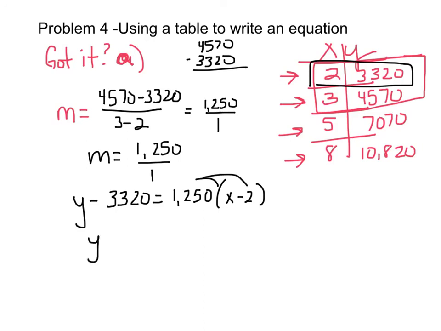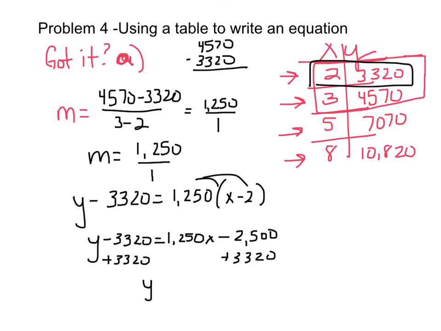So I would get y minus 3,320 equals 1,250x minus 2,500. I add 3,320 to both sides.